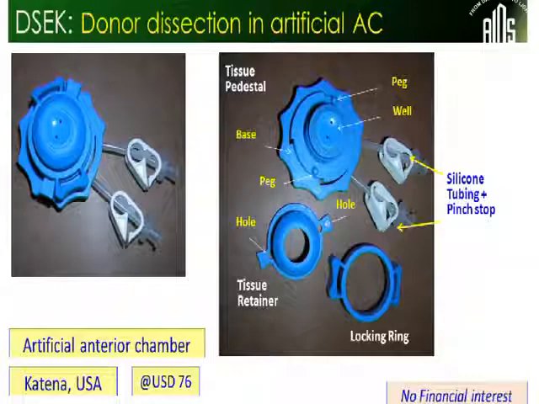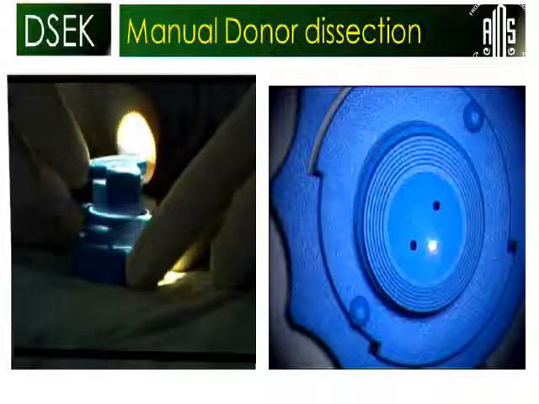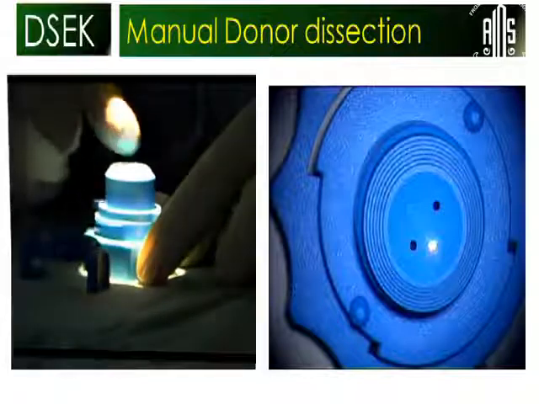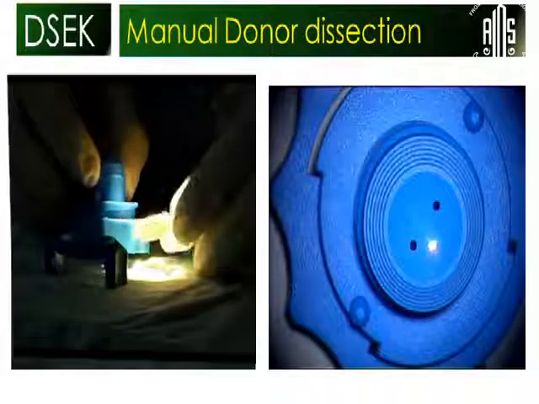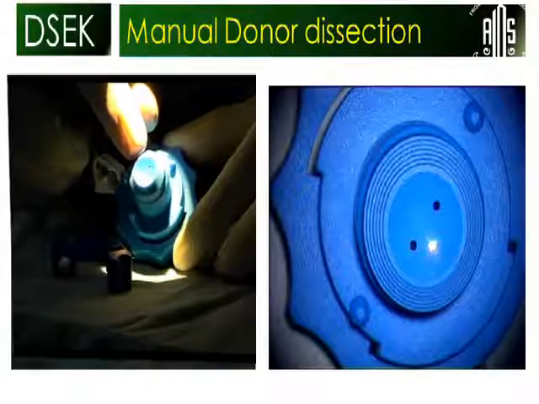Then this is the donor artificial anterior chamber, and it has various parts. Though I do not have any financial interest, this is going good. You see that the dissection is not difficult. You have to mount the cornea over the artificial anterior chamber, and that is the well.